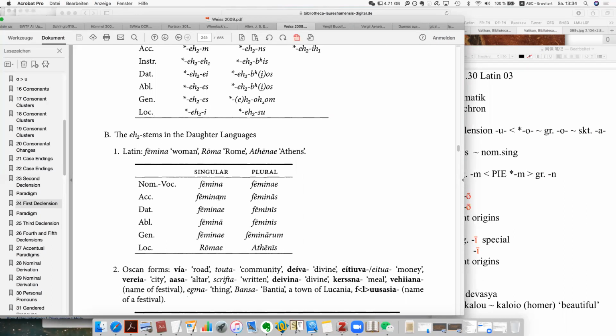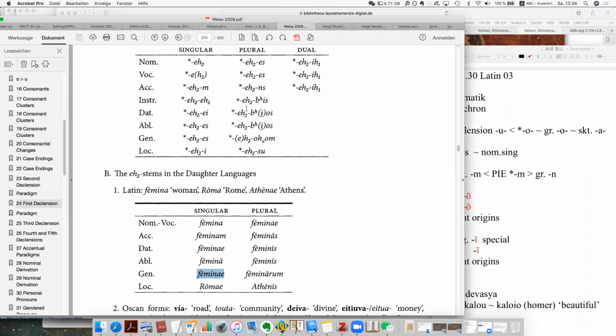Femina, feminam, feminae. Again, in Latin the dative is the same as the genitive, but they go back to different origins.